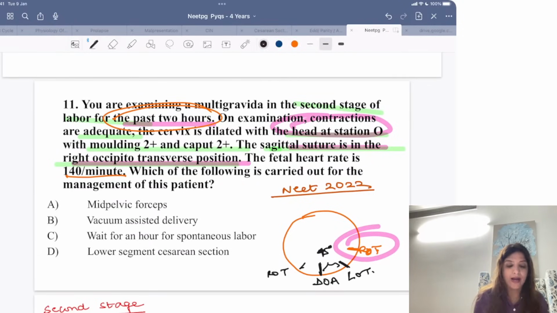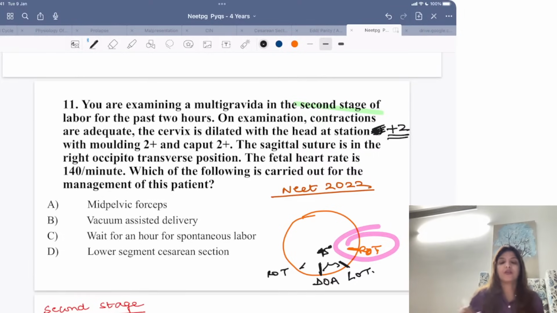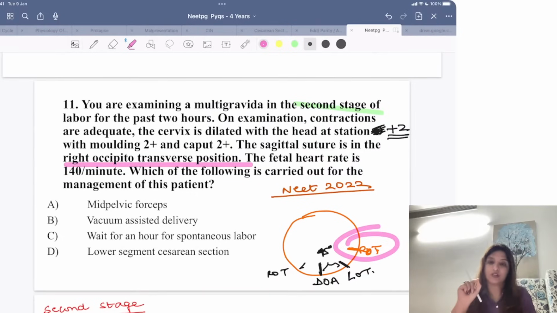Right? So now I am changing this question for you. I am saying that the station is +2. Now if the station is +2 and the head of the baby is in ROT position, still my answer will not be forceps. Right? Now I have to choose between vacuum and cesarean, and still I am going to choose cesarean. Why?